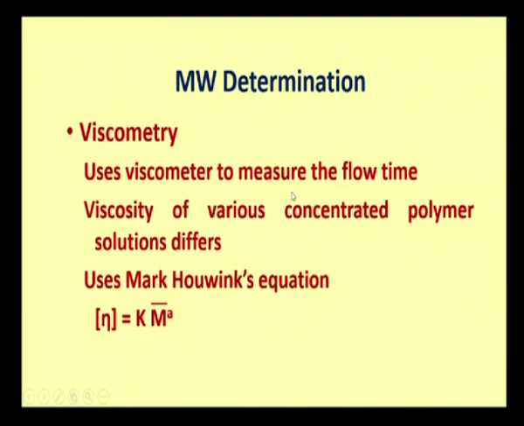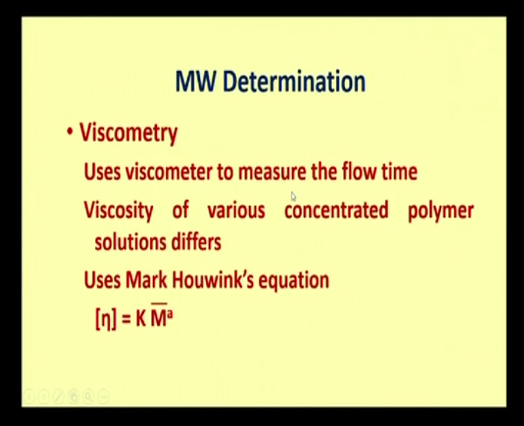Now, the basic principle behind this method is that the polymer solution is prepared in different concentrations. When the concentration is higher, the viscosity is higher. When the molecular weight of the polymer is higher, the viscosity is higher. Based on the different concentrations and different viscosities, the time taken for the flow of such solutions is going to be different, and the flow time required for the different concentrated solutions is measured in the method.